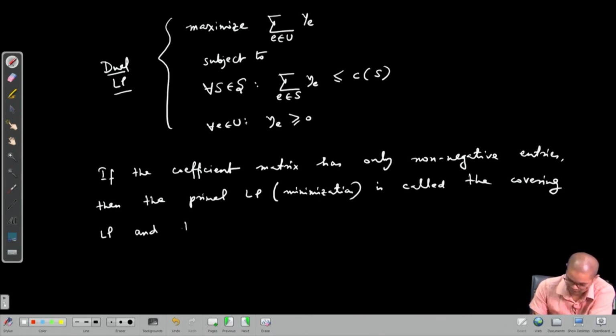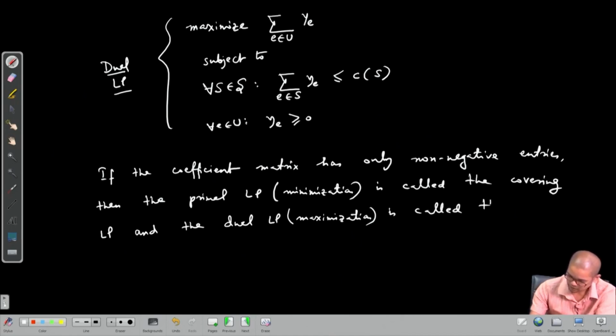And the dual LP, which is a maximization, is called the packing LP.